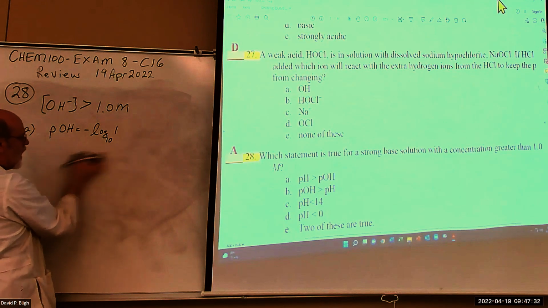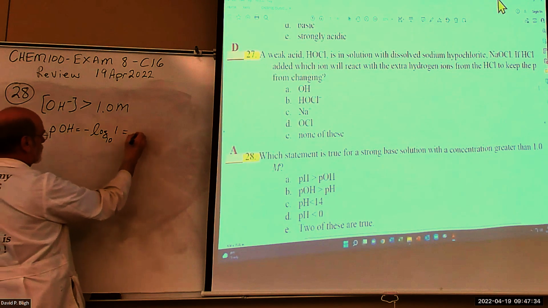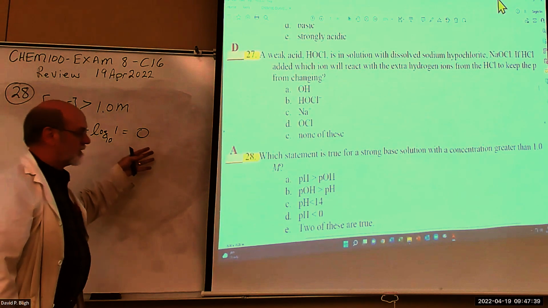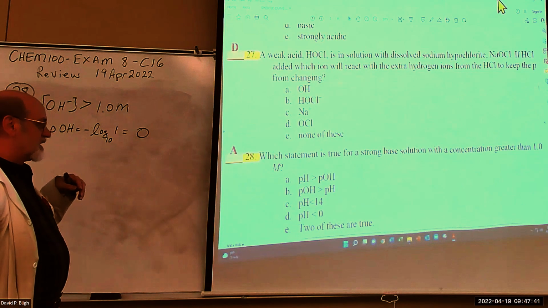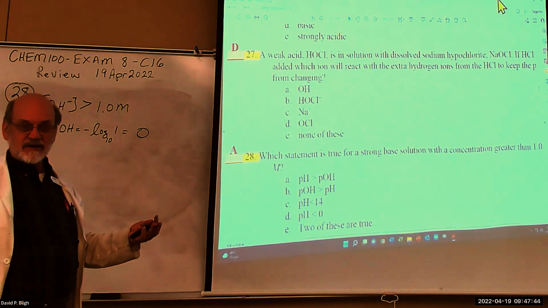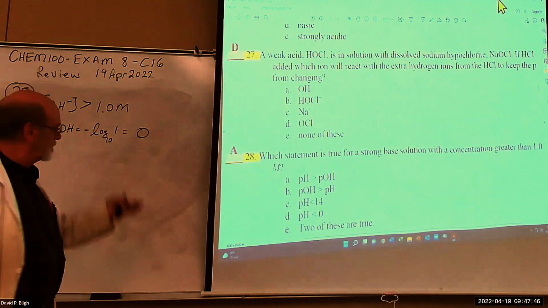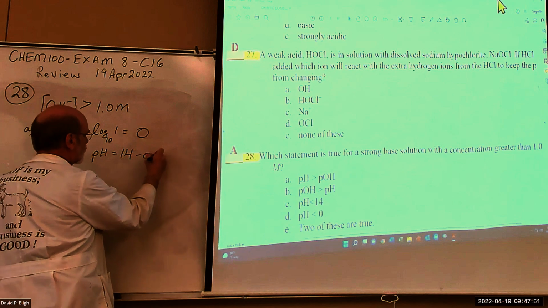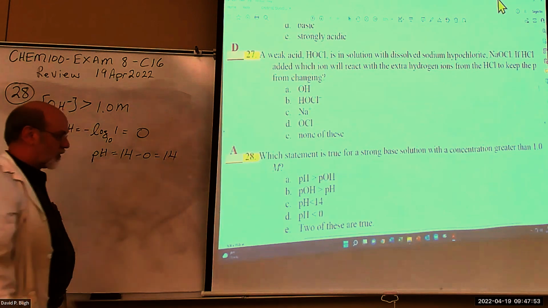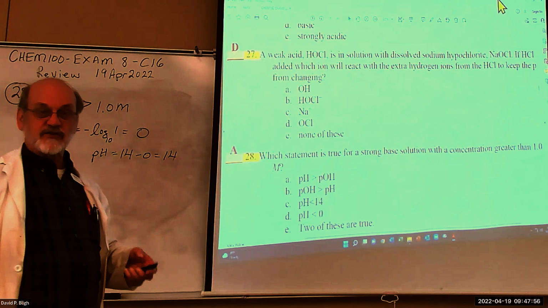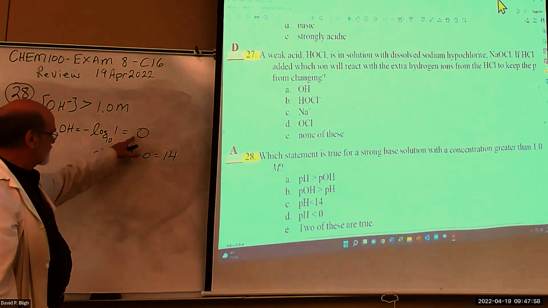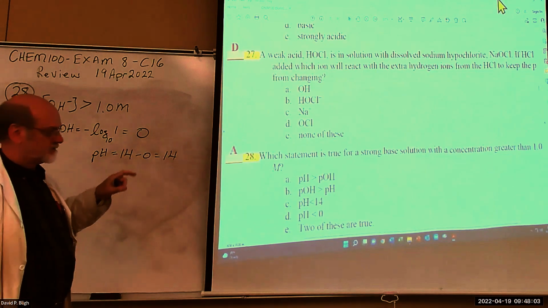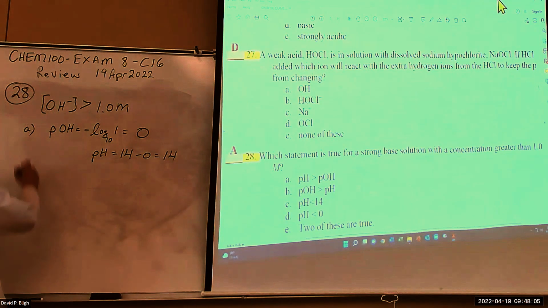So that means the log of 1 is 0. Okay? So pOH is going to be 0. What is pH? pH is 14 minus that 0. So pH would be 14 minus 0, would be 14. So is that true? Yeah. The pH is greater than pOH. Right? 14 is greater than 0. So A is true.